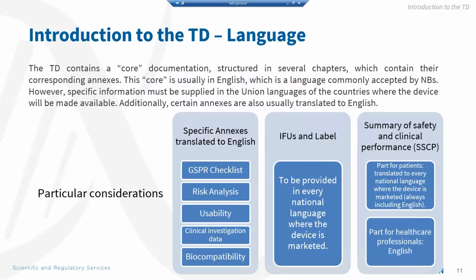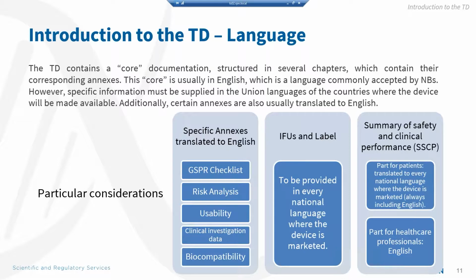These have to, as we were saying, be provided in every national language where the device is marketed. Okay, take into account that even though CE marking allows you to place a device in any country of the European Economic Area, maybe the manufacturer doesn't intend to market the device in all the countries.